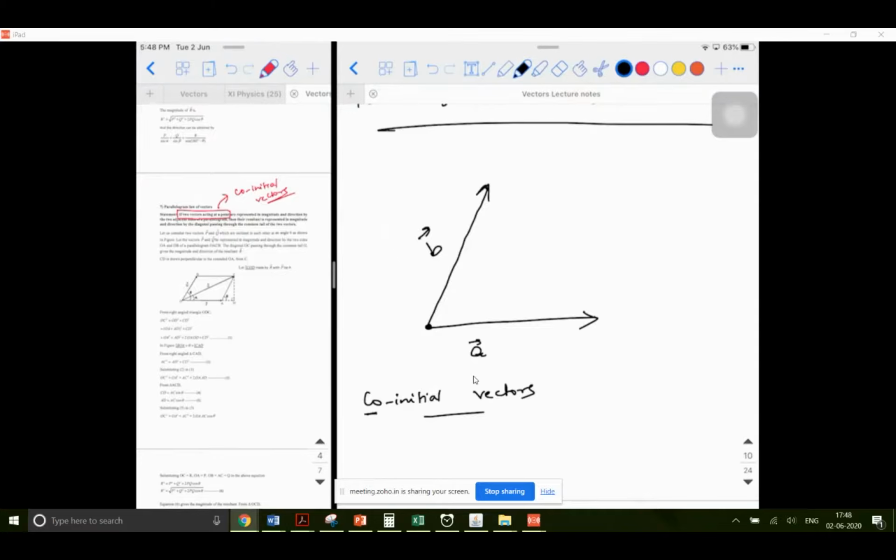Common tail. So A vector and B vector are sharing the common tail. Then the resultant is given like this, where this resultant behaves like the diagonal of this parallelogram.